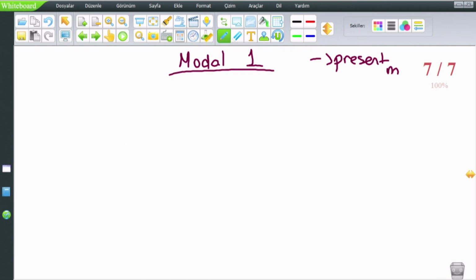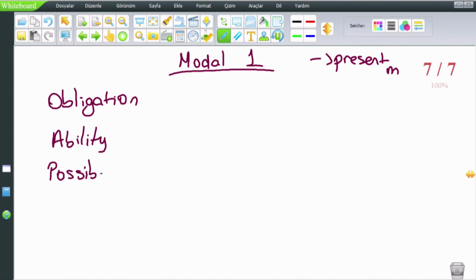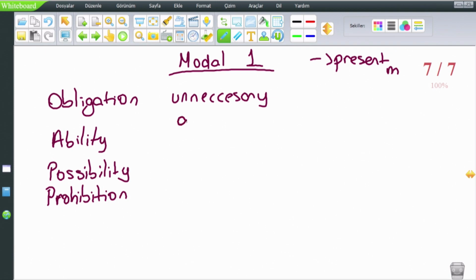So we had obligation modals, ability, possibility, prohibition, or unnecessary situations, advices, like this.